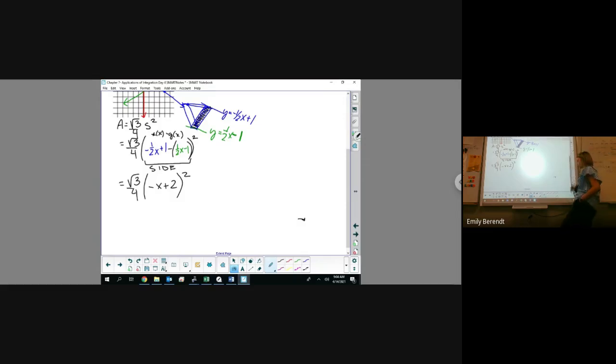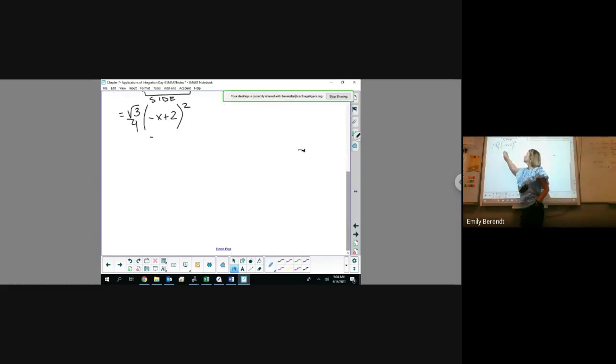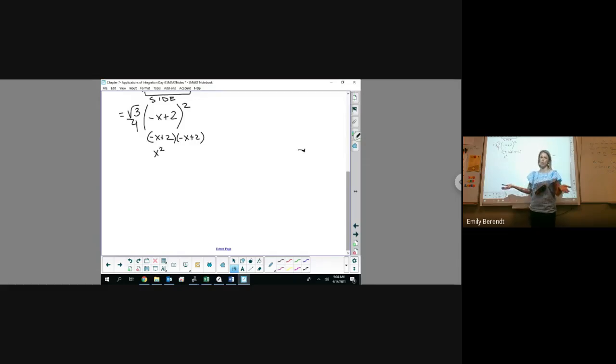So let's go ahead and FOIL that. Negative x plus 2 times negative x plus 2, negative x times negative x, positive x squared, a negative x times a 2 gets you a negative 2x, and then you're going to have another negative 2x, which makes your middle term negative 4x plus 4.